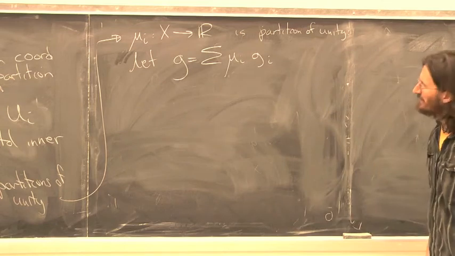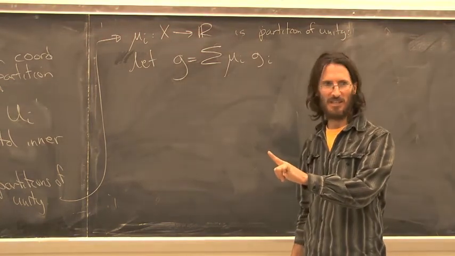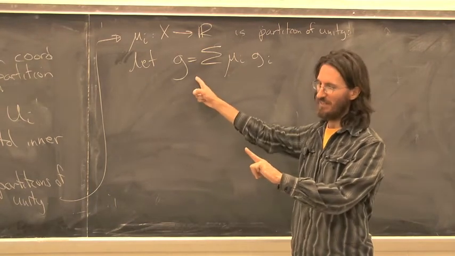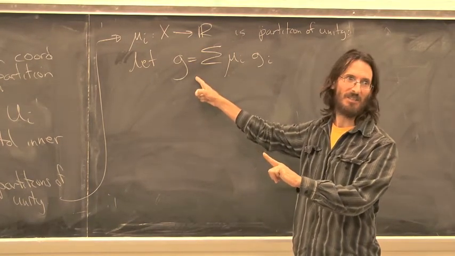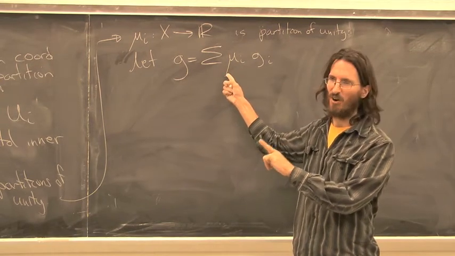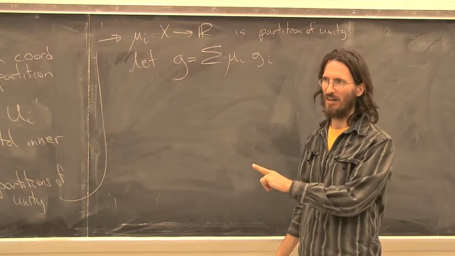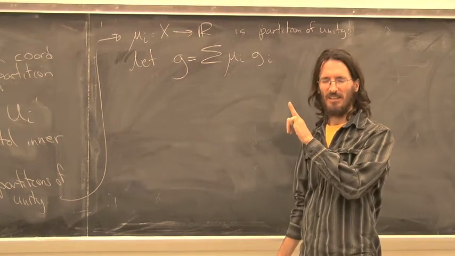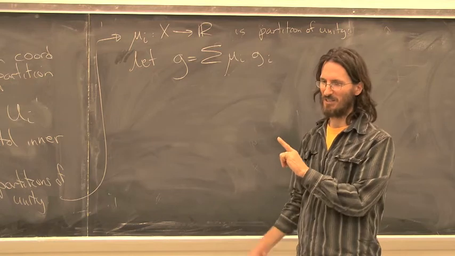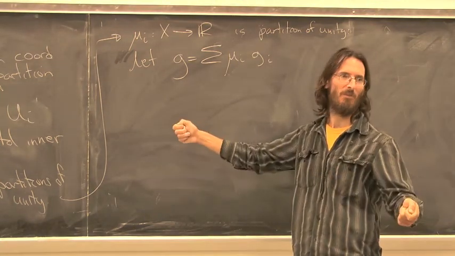So that's just saying at each point, if you have two vectors V and W, and you want to take G of V and W, it's mu1 times G1 of V, W, and so on. And so all you have to check is that a convex combination of, so convex combination means you have a whole bunch of things, you multiply them by some numbers that add up to 1 and add them together.